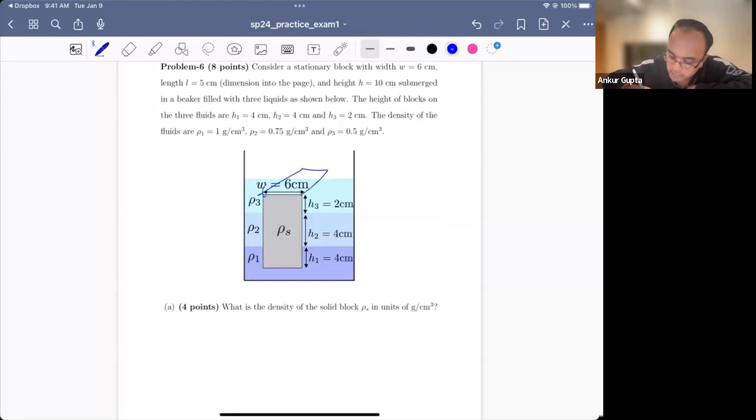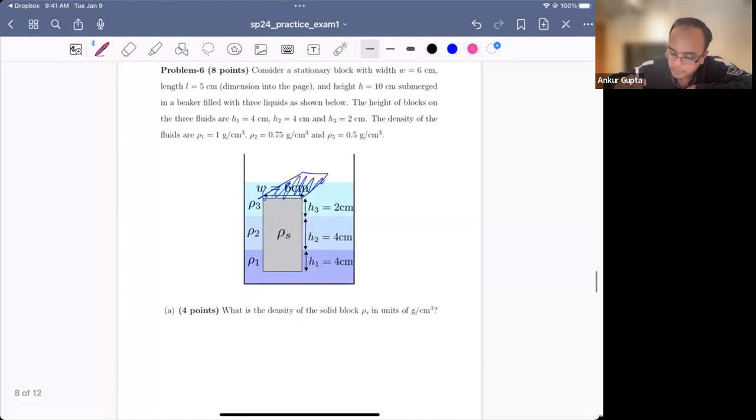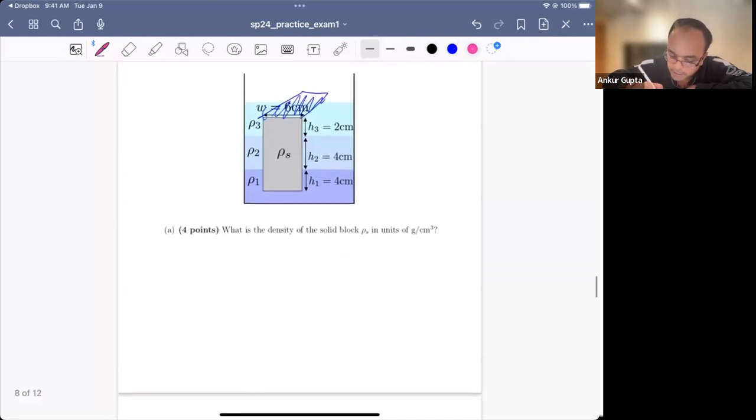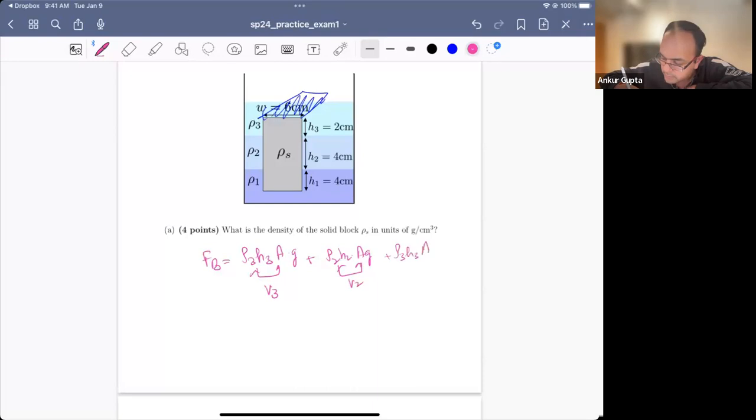If we assume some sort of an area here, let's say A. So the buoyancy force simply is rho 3 H3 A times gravity, this is the volume submerged, plus rho 2 H2 A times gravity, again the volume submerged, plus rho 1 H1 A times gravity.